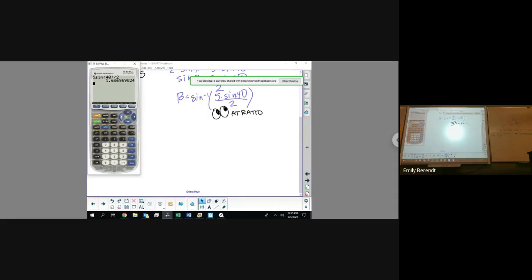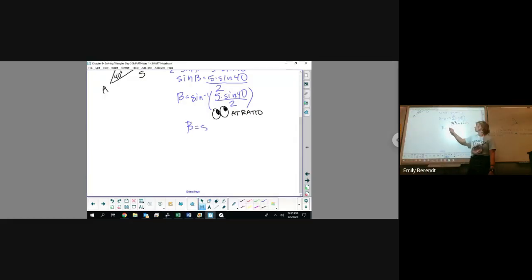So if you get an error on your calculator, type it in again and make sure that you didn't just mistype something. If you get an error again, go back and inspect the ratio. So when we type in that ratio, we get 1.607. So we're looking at beta is equal to the inverse sine of 1.607.